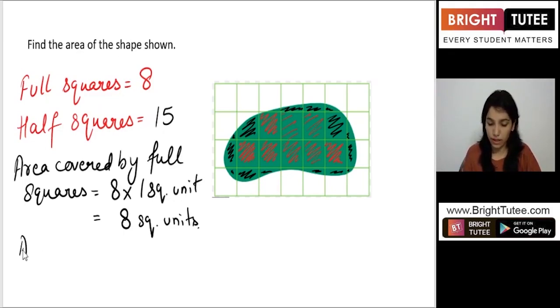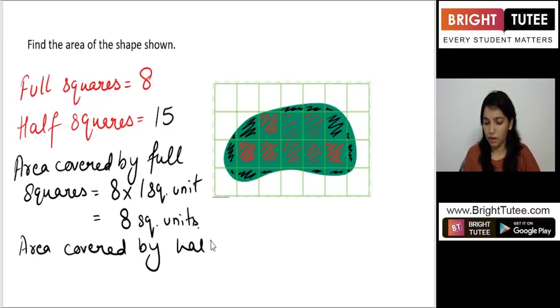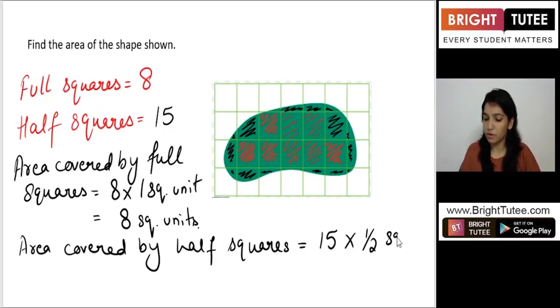Now let us find the area covered by half squares. We have got 15 half squares, so we multiply by half, with some unit. So if we do half of 15, it is 7.5 square units.